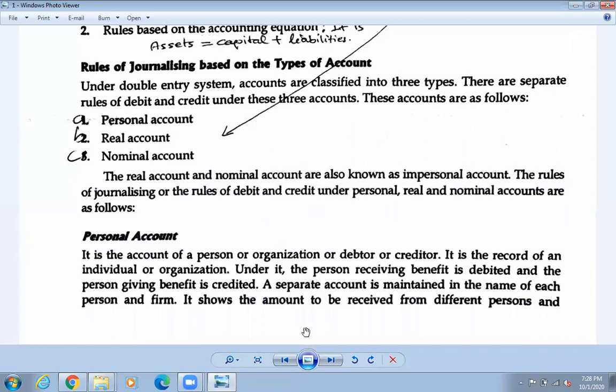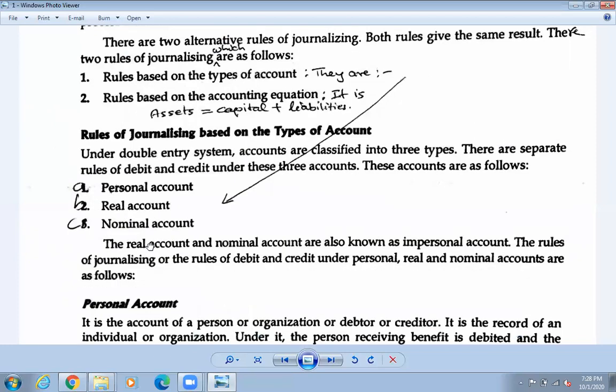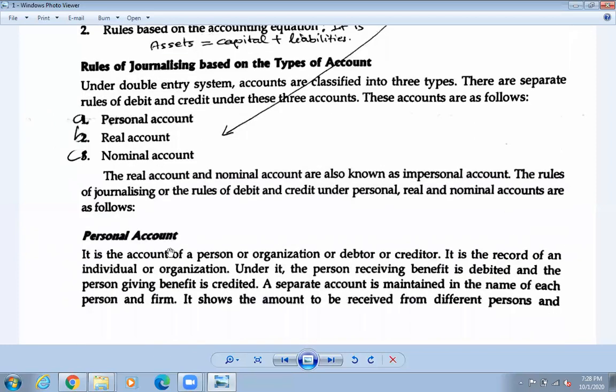Based on these three types of accounts, one is the personal account. Suppose Ram has taken something from me. I have a shop. He has taken sugar from me, and he has taken that sugar on credit. Credit भनेको बाँकीमा लगेको छ.